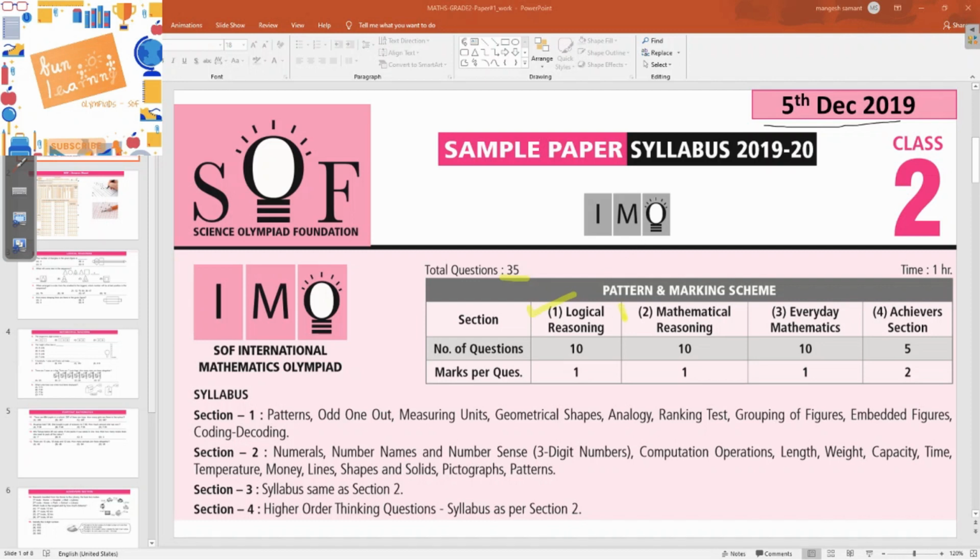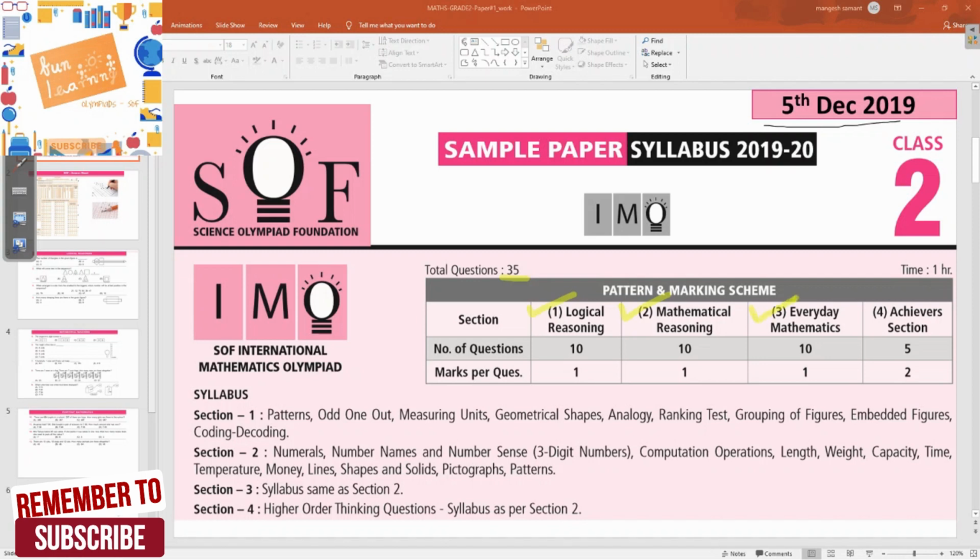The second one is mathematical reasoning. In mathematical reasoning, which again comprises 10 questions, each of 1 mark, will contain numerals, number names, number sense, that is the 3-digit numbers and the placements, etc., length, weight, capacity, time, money, lines, and such pictographs or patterns that you need to choose your answer from.